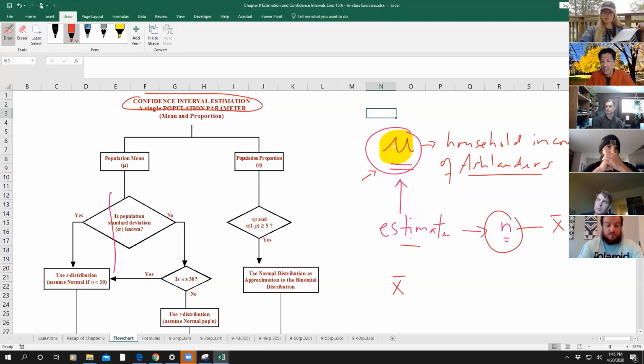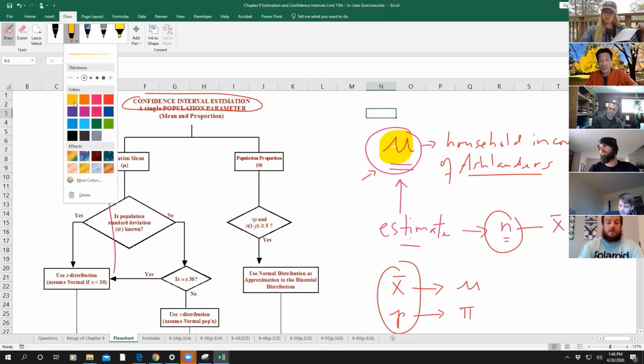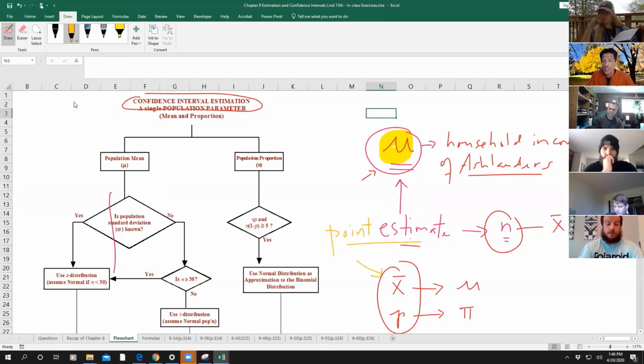So X bar is a point estimate of mu, in as much as P, sample proportion, is a point estimate of true population proportion. Okay, so in a previous session, we talked about X bar and P as point estimates. Okay, it's a single number that is used to estimate an unknown population parameter.